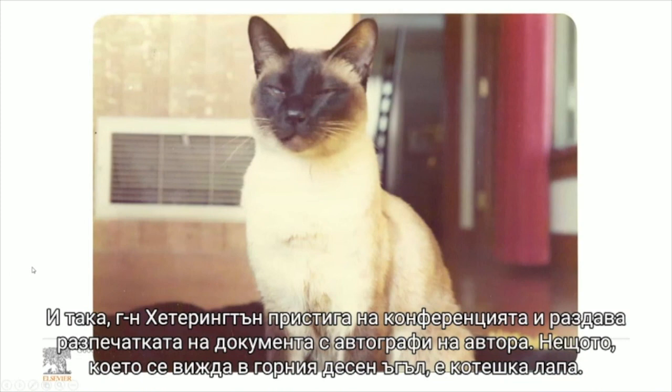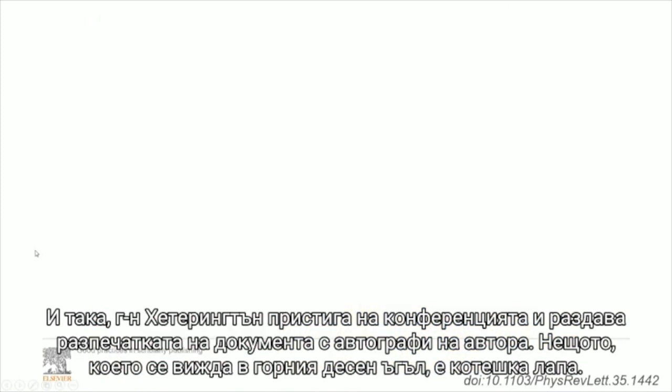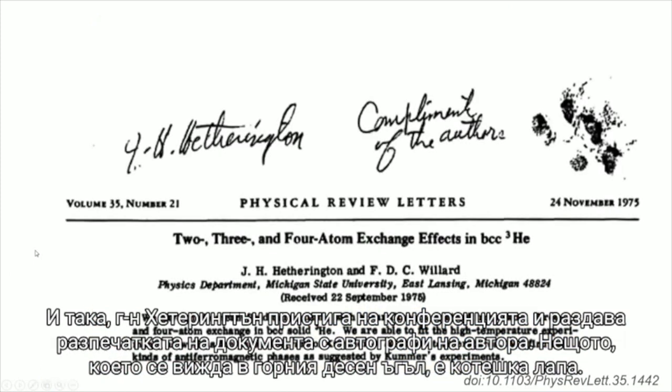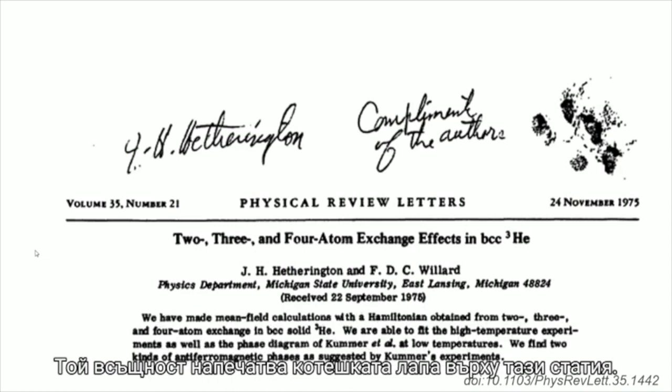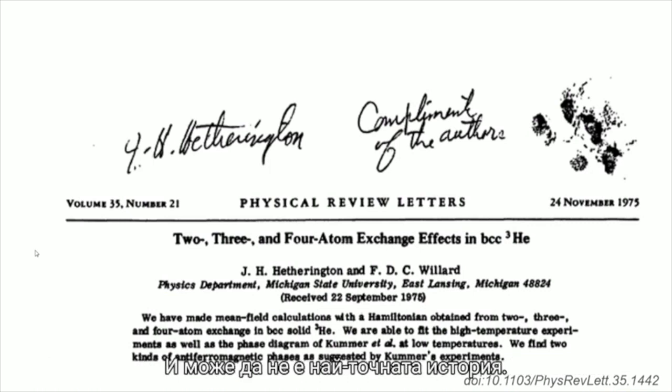So Mr. Hetherington arrived at the conference, and he was handing out printouts of the paper with compliments of the author. The thing you see in the top right corner is a cat's paw. So he actually stamped the cat's paw on the paper. That's the story I heard.